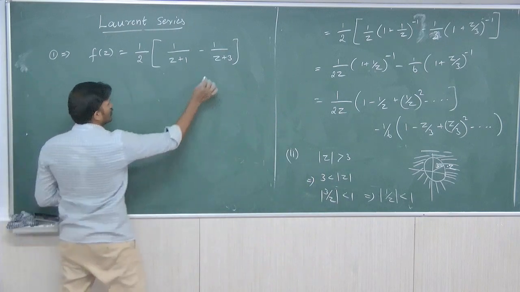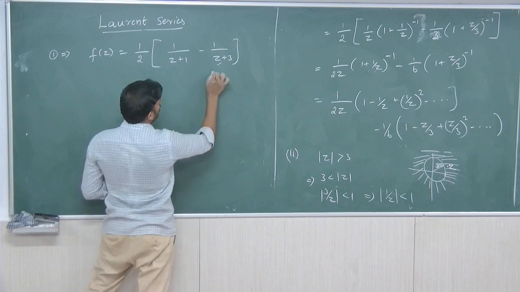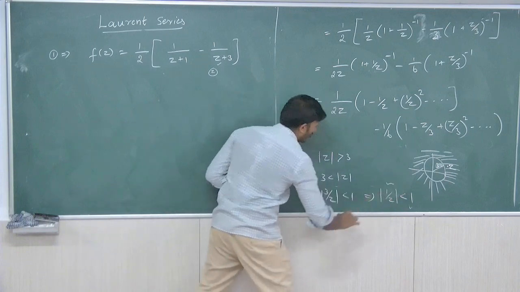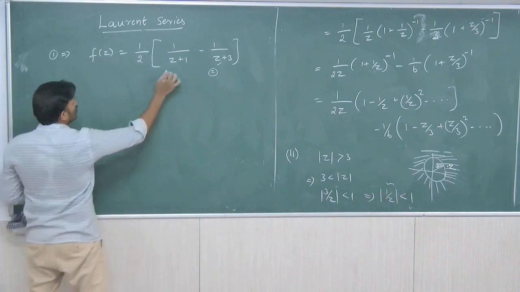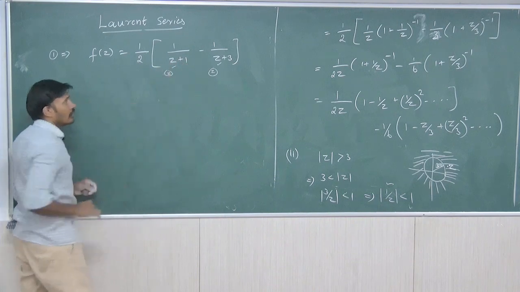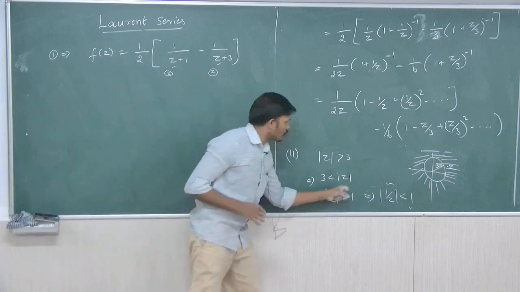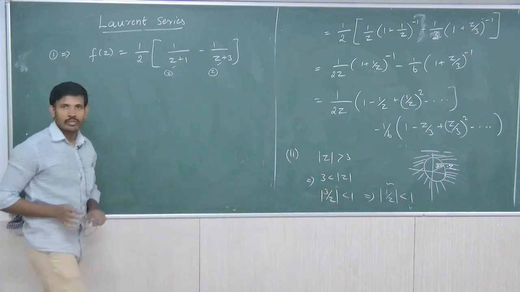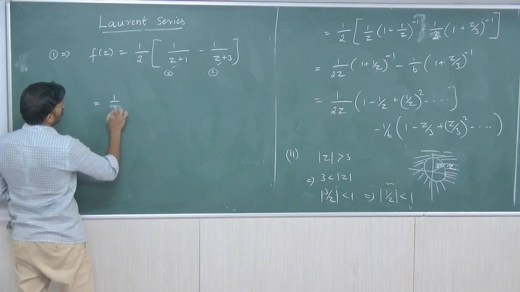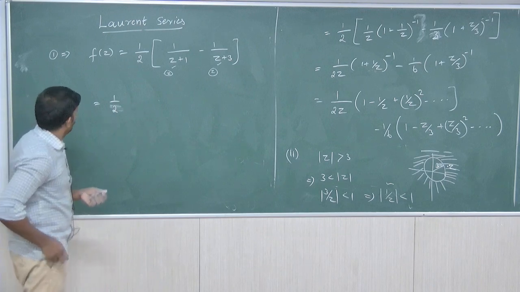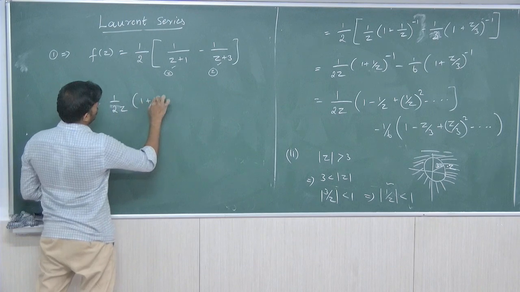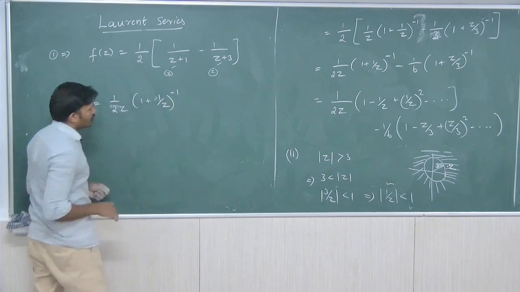So for that, in the second term I am going to take z as a common term in this factor. Then only can you apply these two inequalities here, right? So now you may write 1 by 2, if you take z as a common term, you may get 1 plus 1 by z whole power minus 1.